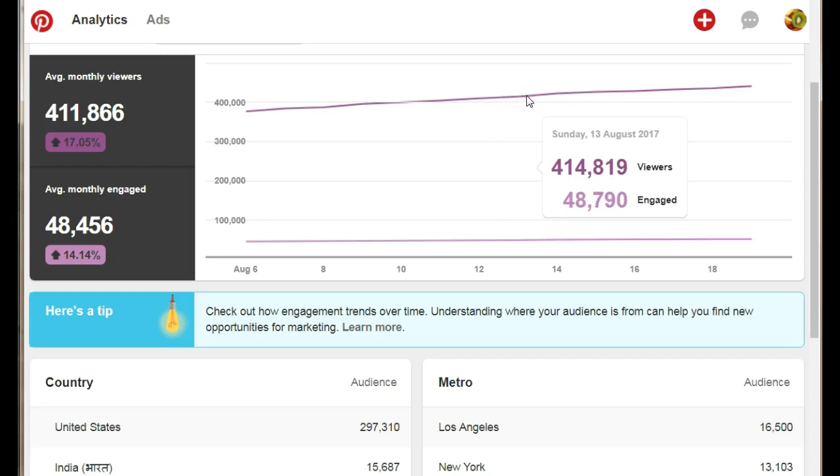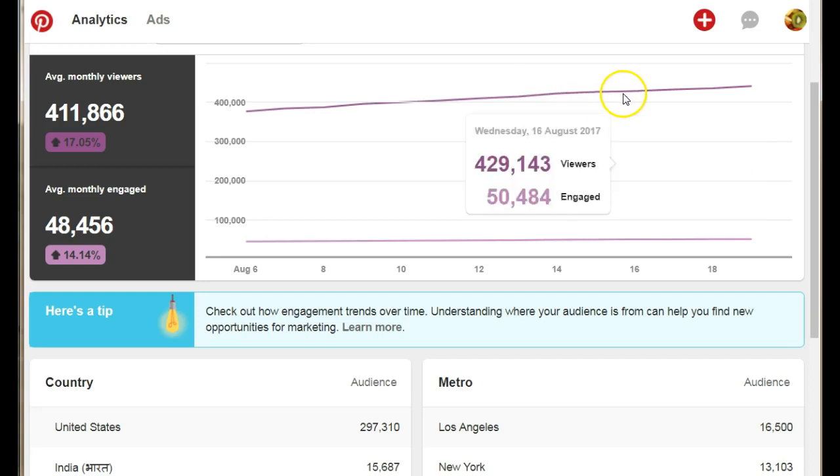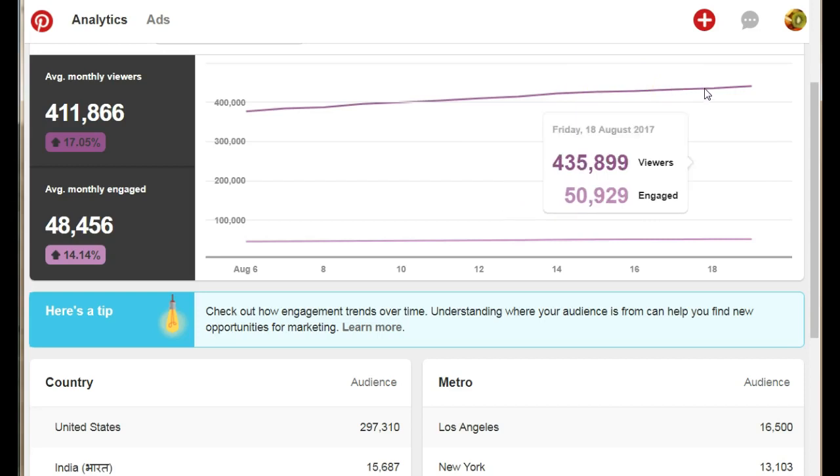Now, when I hover my mouse over this straight line and I climb up, you see that the amount of viewers and my engagement rate increases. The data Pinterest gives you isn't up to date, it's not as accurate. So they're telling me that as of the day before yesterday, which was the 19th of August, I had 441,000 viewers and 51,000 engagement.